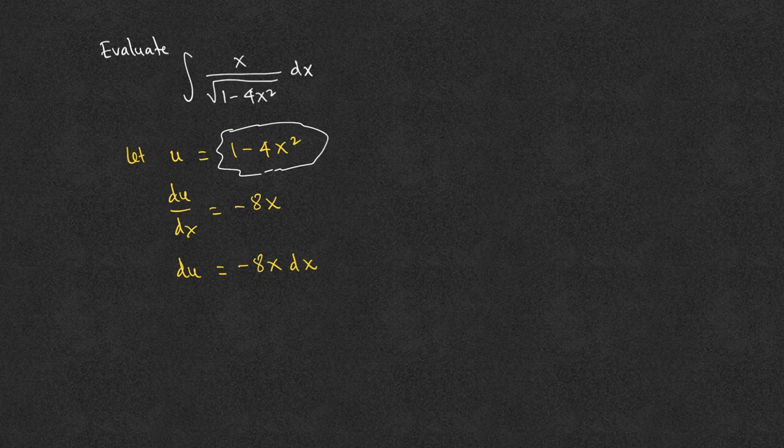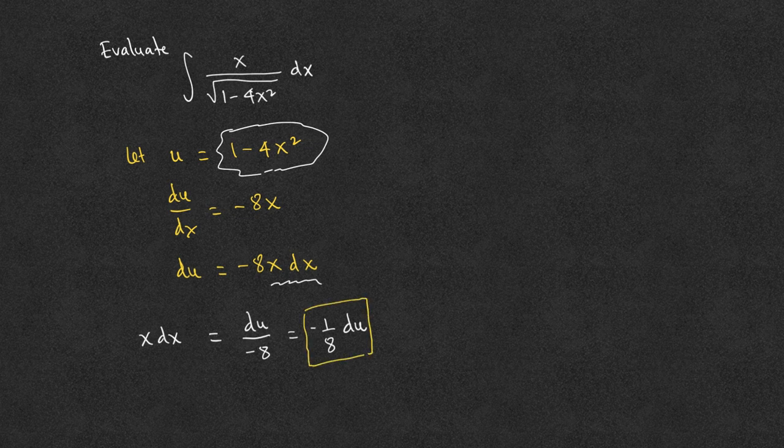But in the numerator we have x dx. If we isolate x dx, then we have x dx equals du over negative 8, or negative 1 over 8 du. And so we can substitute x dx with negative 1 over 8 du.